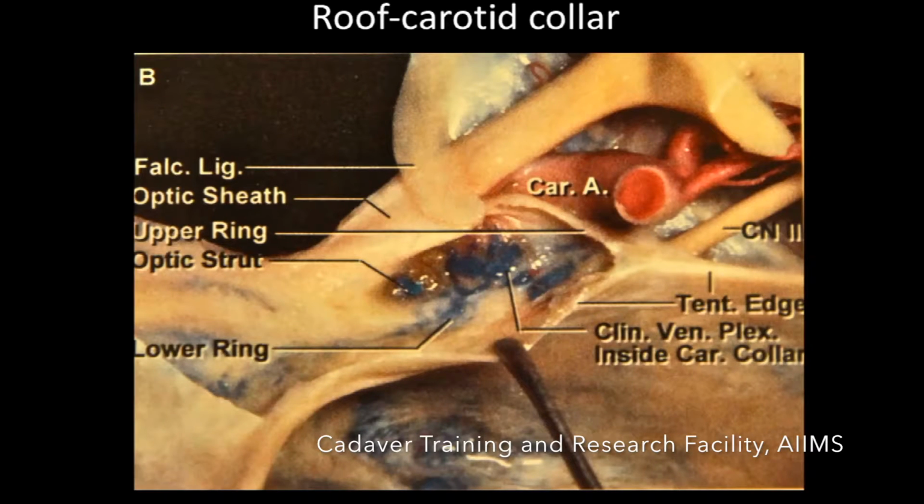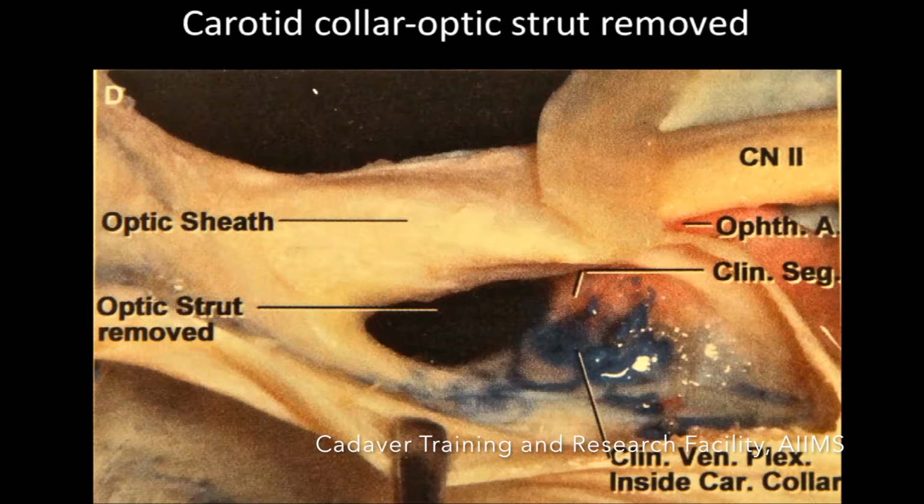So you have the proximal ring that extends between that and the third nerve. There is a thin membrane which extends to the carotid artery. That is what forms the carotid collar. So that's also called the carotid-oculomotor membrane. So you have three parts: optic strut, artery, and the thin membrane which forms the roof, and then you have the oculomotor triangle. If you remove the optic strut, you enter the sphenoid sinus through the opticocarotid recess. This is the clinoid segment, and this is the thin roof there.